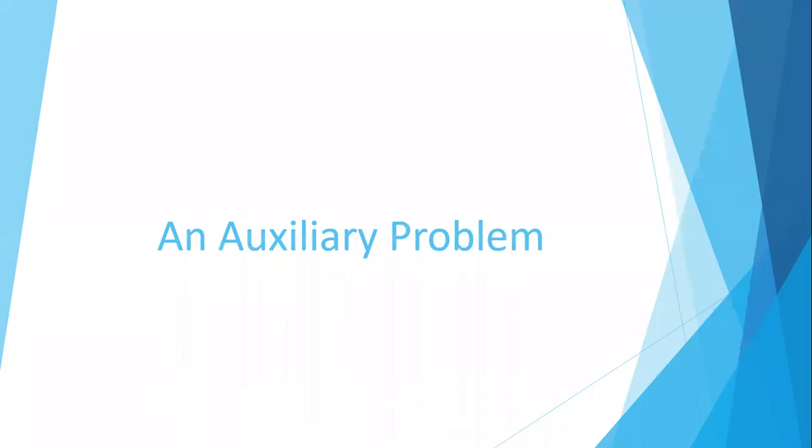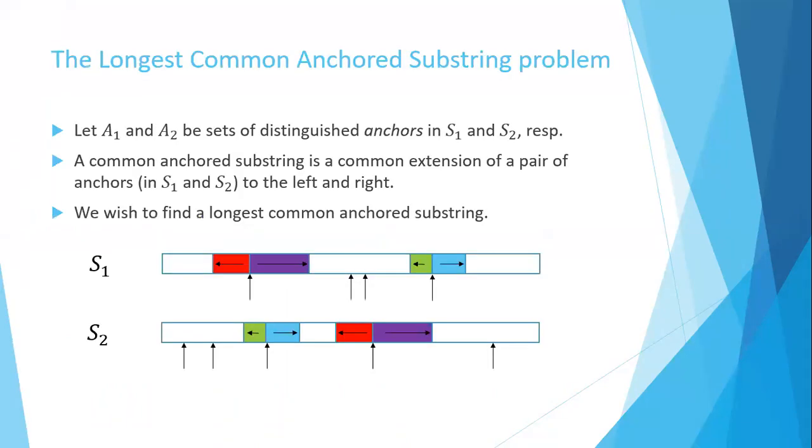So in this talk, I'm going to give a layout of the solution at a high level, and we start by solving some problems first. We start by looking at the LCAS problem, which is the longest common anchored substring problem.